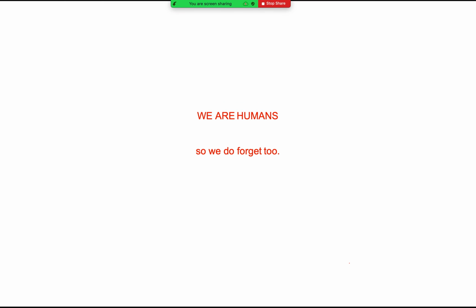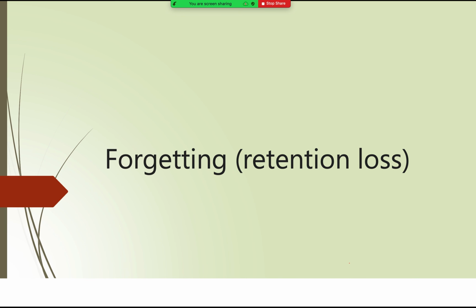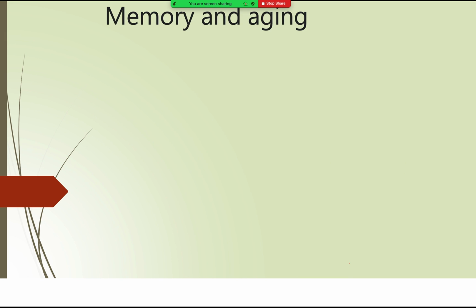Okay? And yes, we will forget. Forgetting is the loss of information which is already encoded and stored in the individual's long-term memory. It is a spontaneous or gradual process in which old memories are unable to be recalled from memory storage. So yes, there are several factors, like the aging brain, that change the ability to retain and retrieve memories.